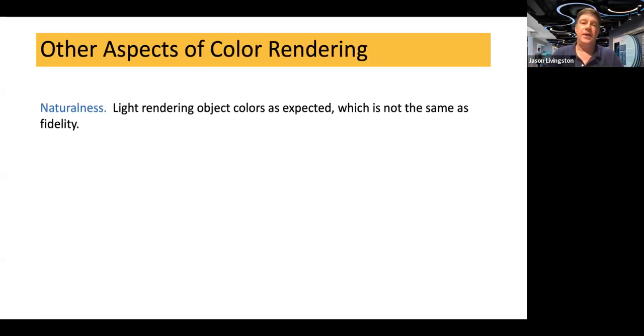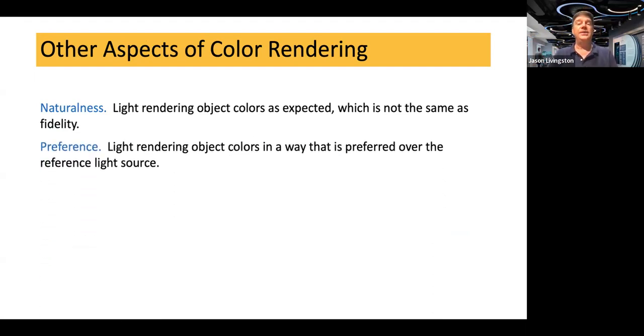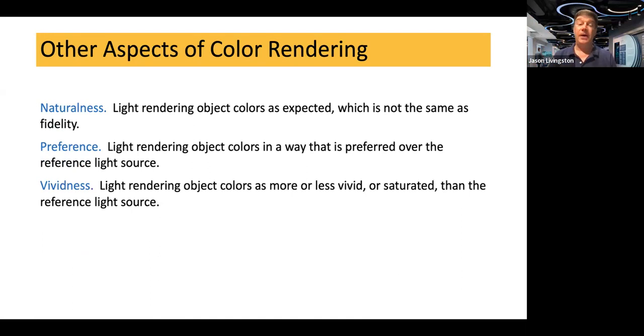We could ask ourselves, does a light source render object colors in a way that we would perceive as being natural? And naturalness and fidelity, while related, are not the same thing. We could ask, does a light source render objects in a way that we prefer? So, okay, it's not a perfect match to the reference light source, but the way in which color appearances are shifted, I actually like better. We could ask about vividness.